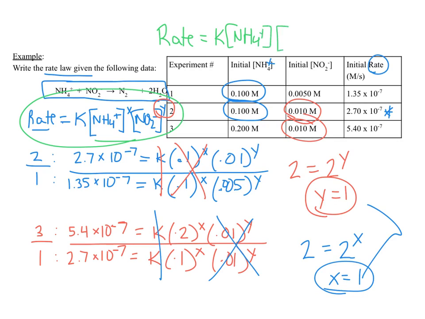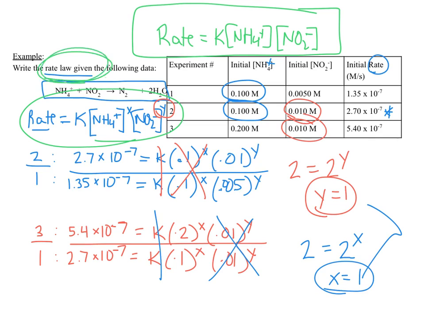We know that's there automatically if I put NH4 in. Then NO2 minus. So this whole thing is really the answer to this question, the rate law for the data that's given. It gives me first order with respect to NO2, first order with respect to NH4. Overall, this reaction is a second order reaction.